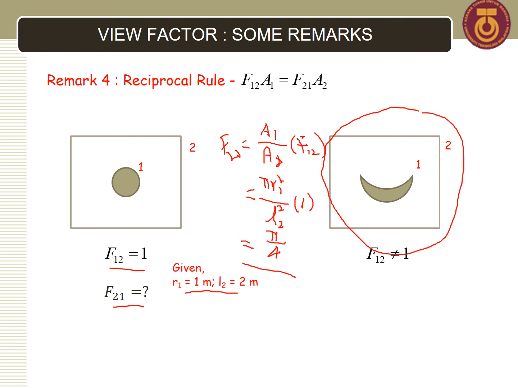Unless one more piece of information is given, that is F12. If F12 is given, then the same process we can go through in order to obtain F21.